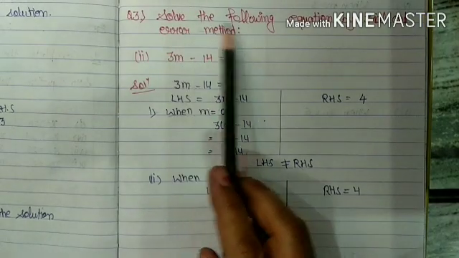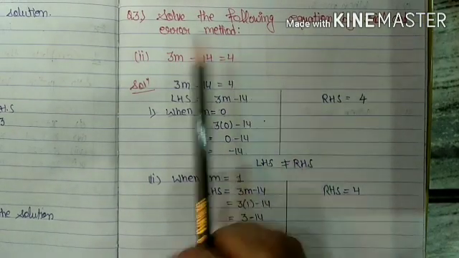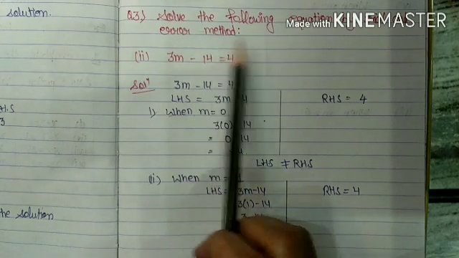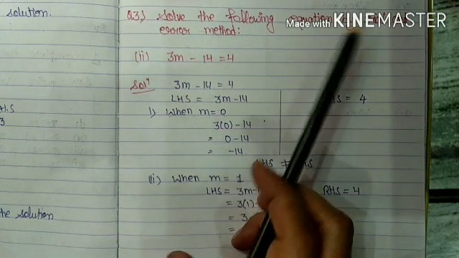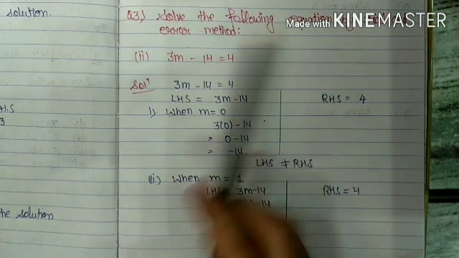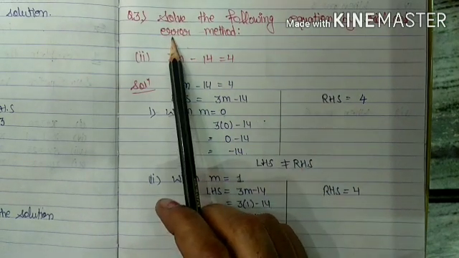Third sum is solve the following equation by trial and error method. What is the meaning of trial and error? Trial means you are trying and error means you are getting a mistake.